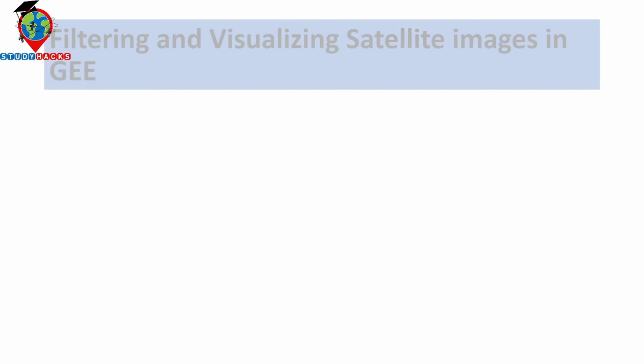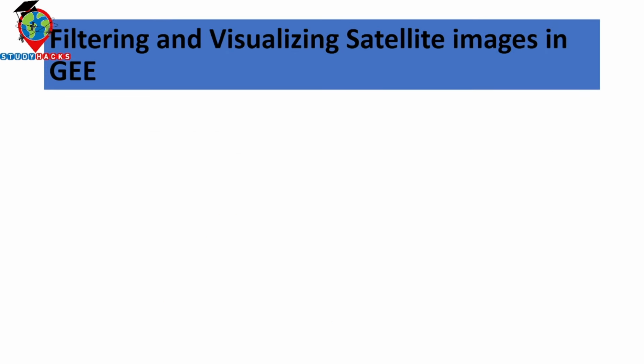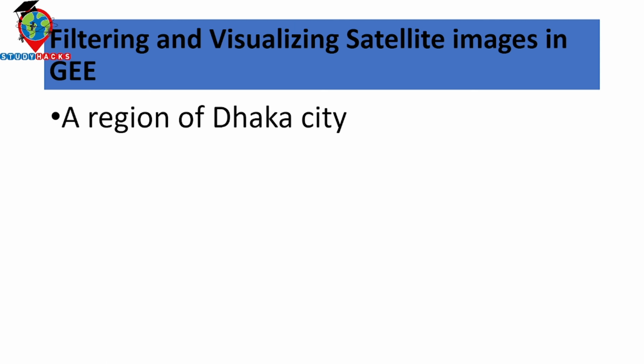Today's session, I talk about how we can easily filter and visualize satellite images in Google Earth Engine. When you filter any type of satellite imagery, it involves three factors. The first factor is the region of interest. Suppose you need satellite images for a specific boundary, such as the Dhaka city boundary or any other geolocation.